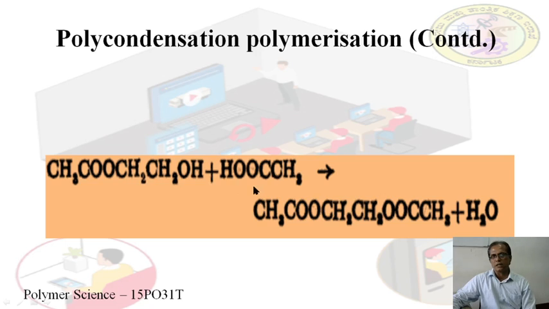See this acetic acid with the reaction product of the previous step, ethylene glycol with the acetic acid, which is going to form this type of structure. And when you add more acetic acid into this, again one more molecule of water is going to evolve, and linking of this takes place over here, that you can see in the reaction product.